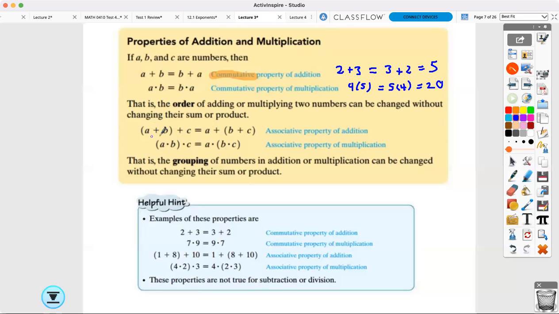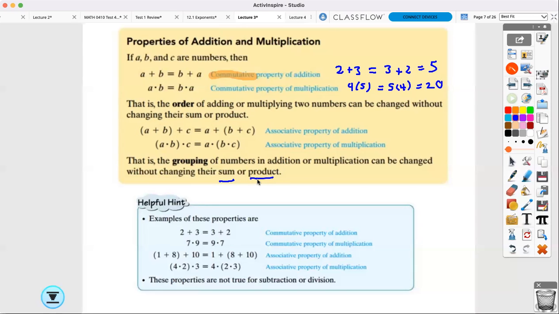We can add the first two numbers and then add the third one, or we can add the last two numbers and then add the first one. We'll get the same result at the end. So this is talking about how the grouping of numbers in addition can be changed without changing their sum or product. Sum is the answer of an addition problem. Product is the answer of a multiplication problem.